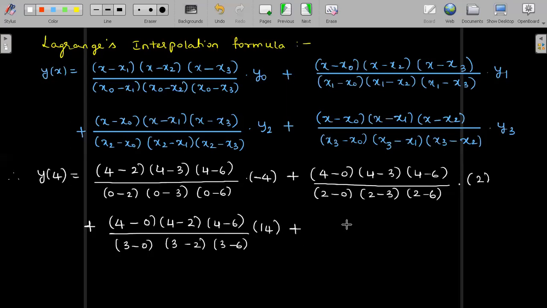Last term, x3 should be skipped in the numerator. x3 is nothing but 6. So we have numerator written as 4 minus 0 into 4 minus 2 into 4 minus 3.